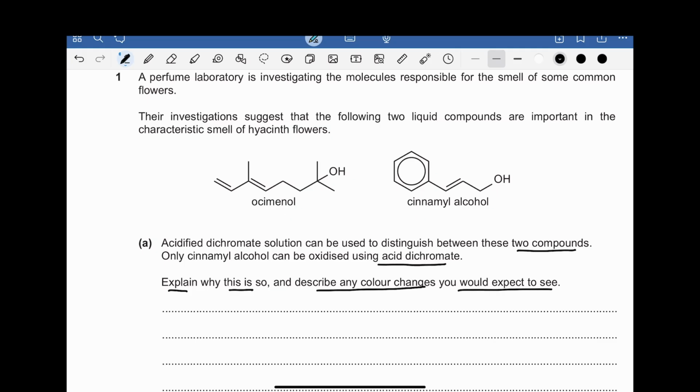As we can see, the carbon attached to the hydroxy functional group is directly attached to three other carbons, or three alkyl groups, or we have R and the whole of this as R. So tertiary alcohols don't undergo oxidation, and cinnamyl alcohol is a primary alcohol because the carbon attached to the hydroxy group is directly attached to one alkyl group, or that carbon has two hydrogens. So cinnamyl alcohol will undergo oxidation.